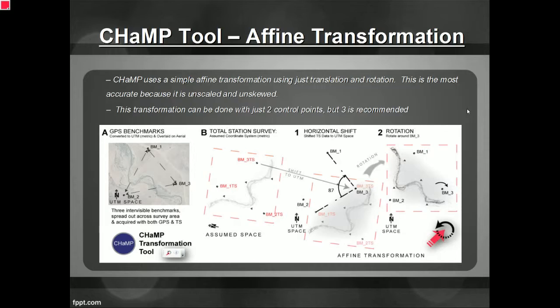So it'll take your assumed coordinates and make the translation by matching it to your projected coordinates, and then it'll use a second benchmark. The first one will be sort of a hinge. Use a second benchmark and use that for the rotation. But I'll go over that in more detail because I'll do an example of the actual CHAMP tool in GIS.